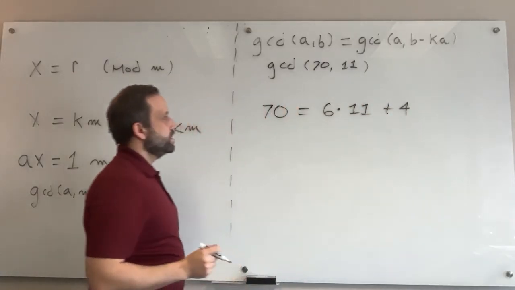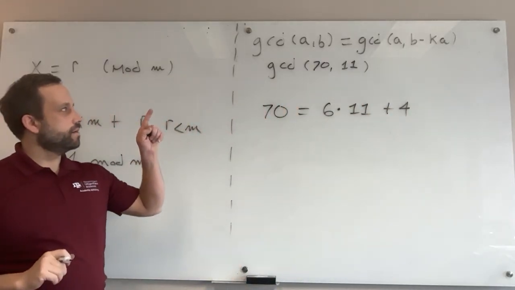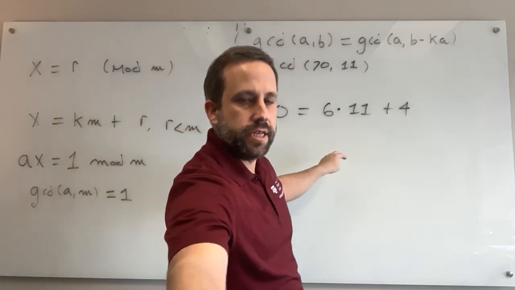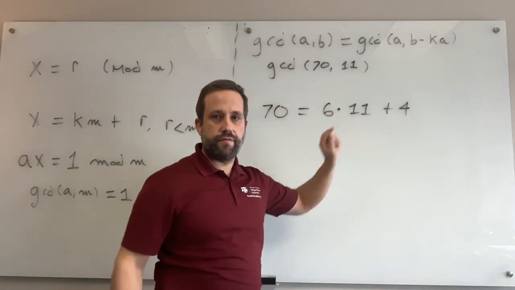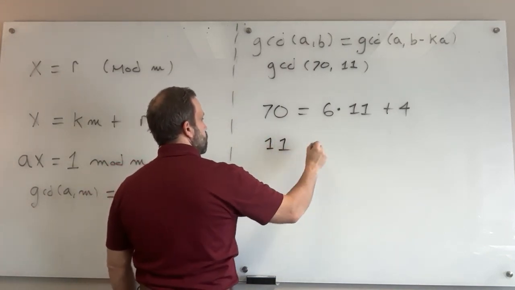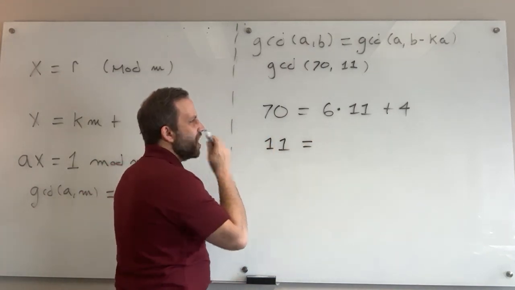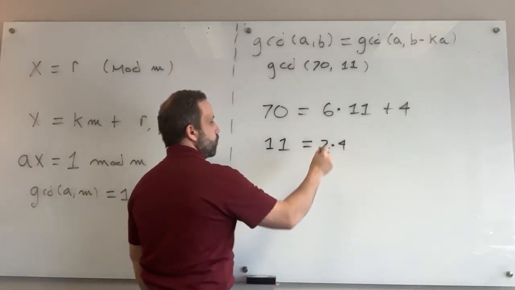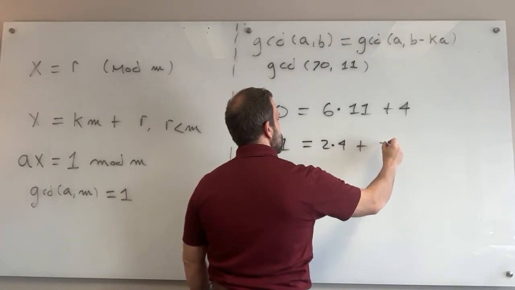The GCD of 70 and 11 is equal to the GCD of 11 and 4. Then 11 is equal to 2 times 4, which is 8, plus 3.